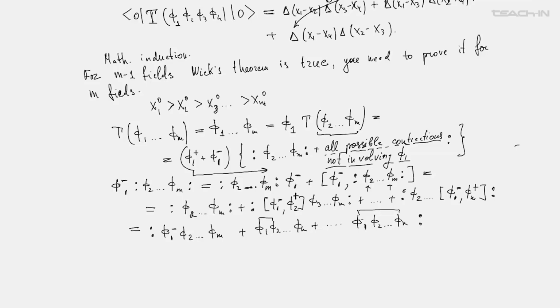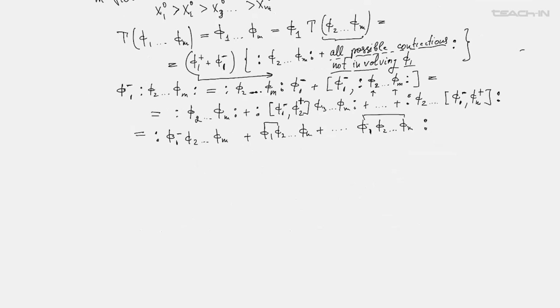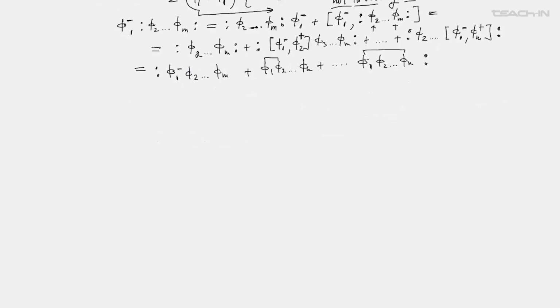Now, what is nice about the Wick theorem is that it can be written in a concise functional form, which is very convenient for practical calculations, and I think we will meet it later on, or might meet it later on. This is the following form, the functional form of Wick's theorem.